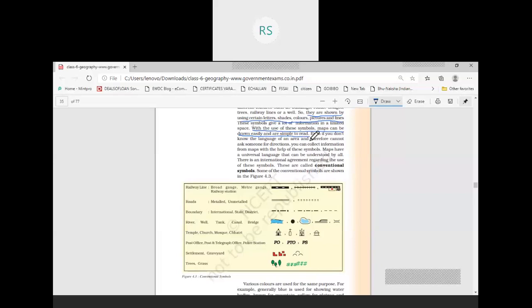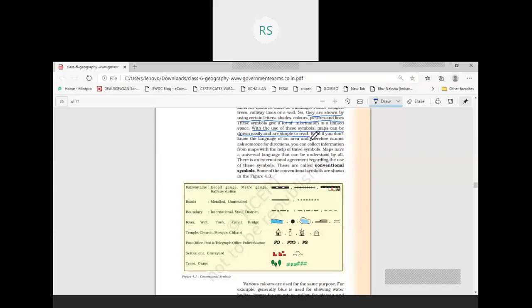Then how will we reach that place? We cannot ask someone for directions, because we won't be able to understand the language used by the person. So what will we do? We collect information from maps with the help of these symbols. Symbols are important in collecting information regarding any place.